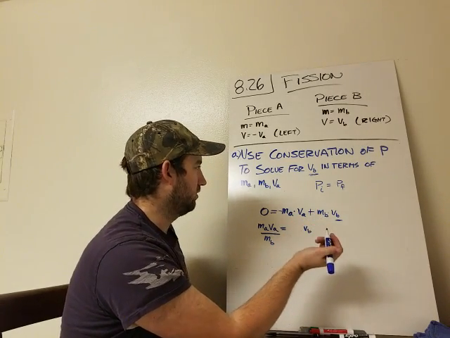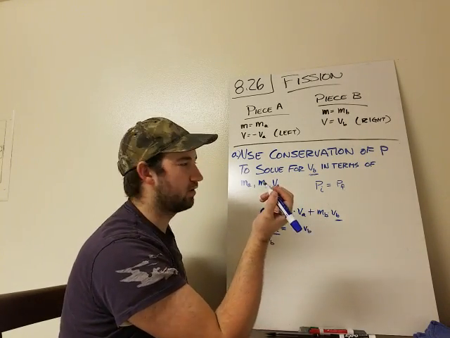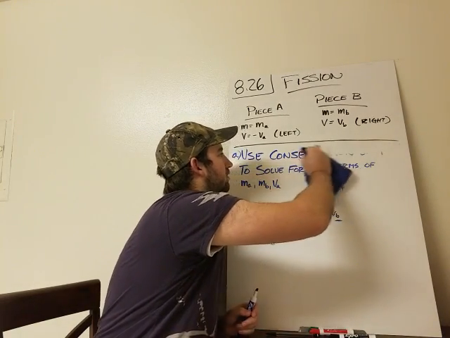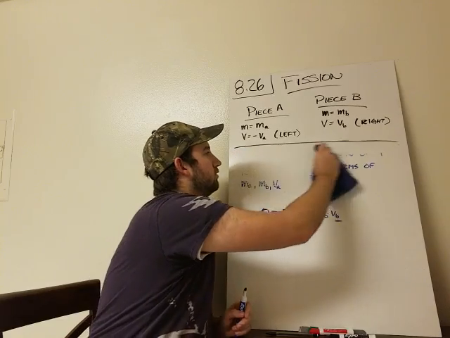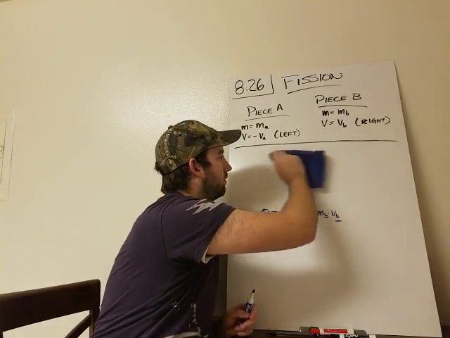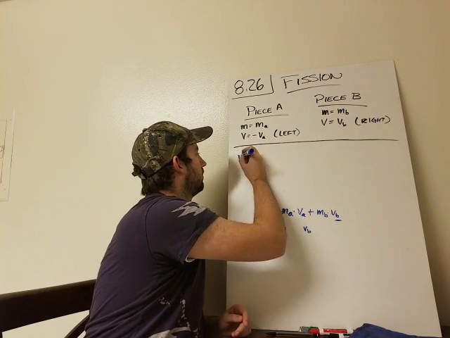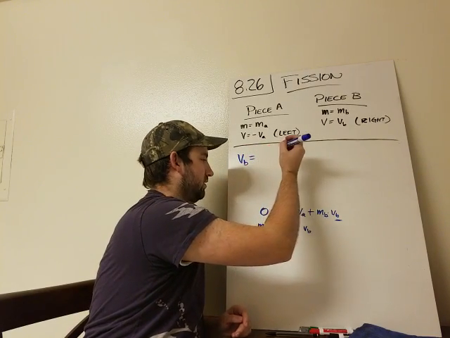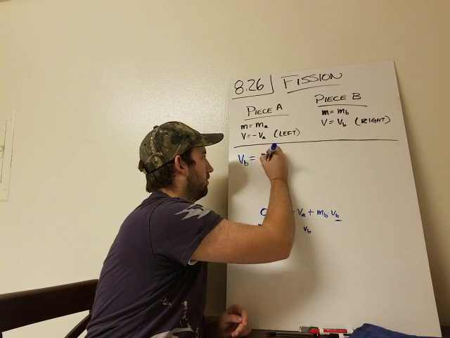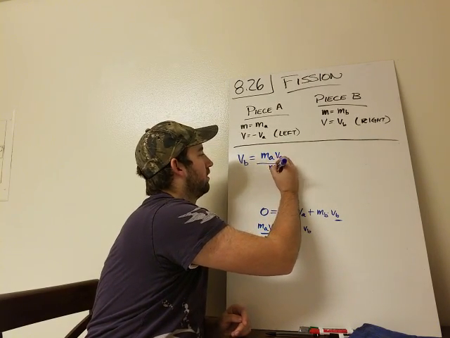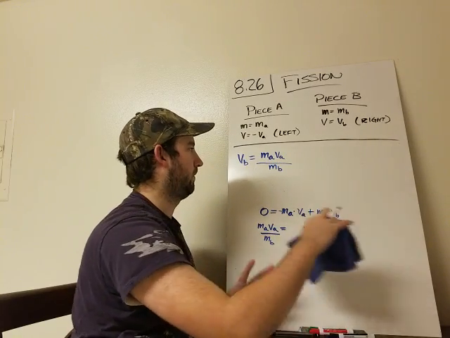So part A is done, really. I'll write this out a little nicer because we're going to need to use this in part B. So I'll erase this, give us some more room to work with. We got v sub b is equal to m sub a v sub a over m sub b.